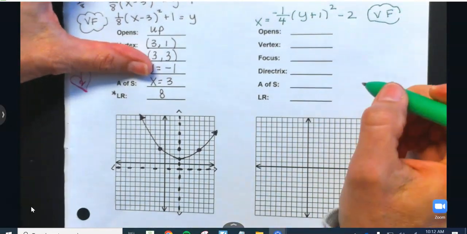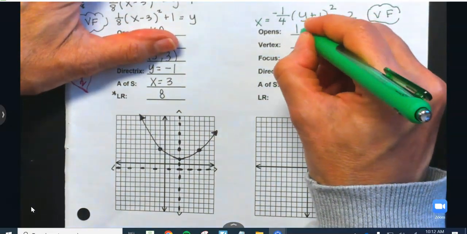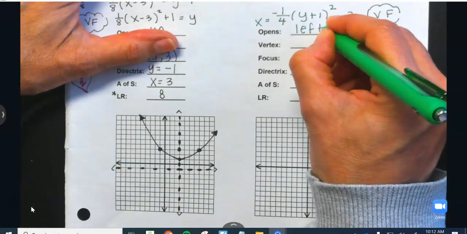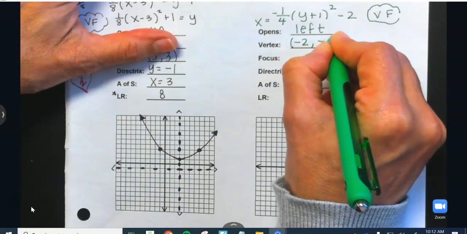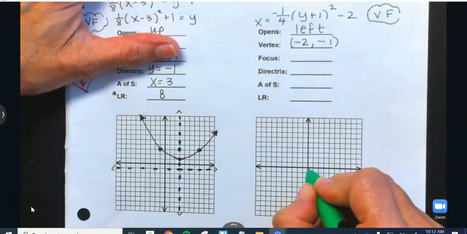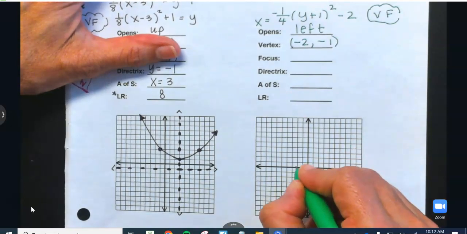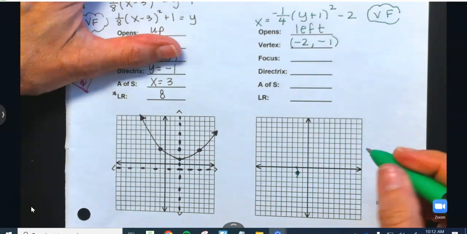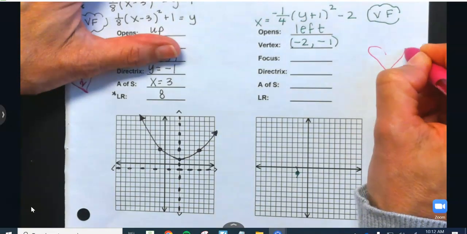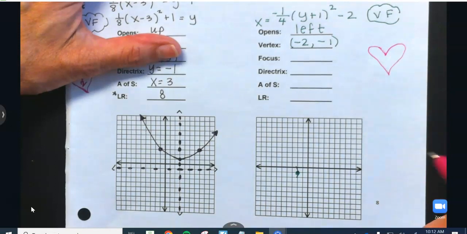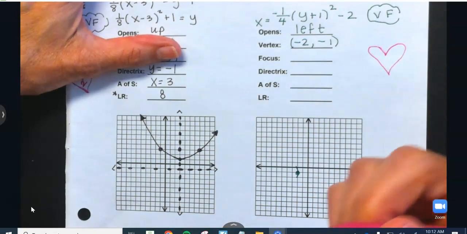Here we go. Does this graph open up, down, left, or right? Left. Great job. Remember that vertex is going to be negative 2, negative 1. I'm plotting that right now. You guys told me it opens to the left, so I'm just going to draw the shape of that. And then from there, so appropriate for Valentine's Day, I get to find my favorite value, which is P. Y'all, if A is negative, P is negative.